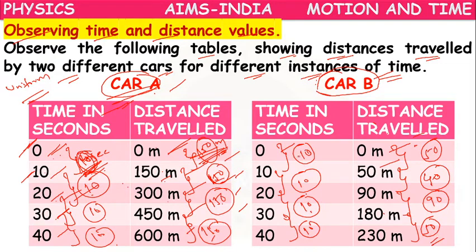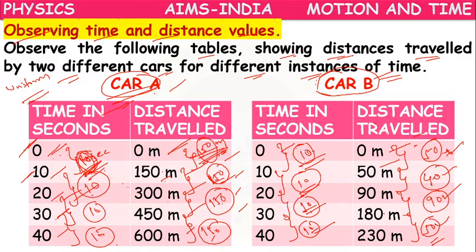So by this table, what can we tell? For equal intervals of time, the distances covered are not equal. In one case it is 50, in another it is 40, another 90, another 50. Means for the same intervals of time, distances covered by car B are not equal.